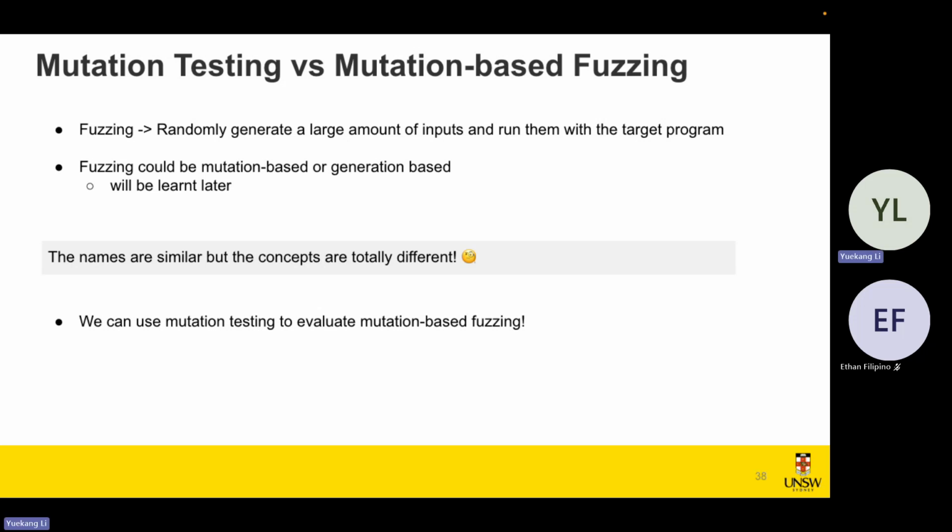So it's totally different. This means that we can actually use mutation testing to evaluate mutation-based testing or mutation-based fuzzing. Because mutation testing is to create target programs that can test the test cases, it is like a test for test. So this is the relationship between mutation testing and mutation-based testing or fuzzing.